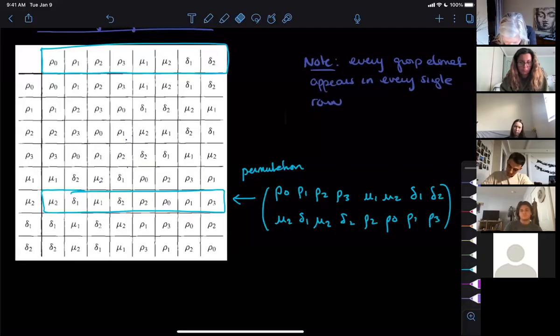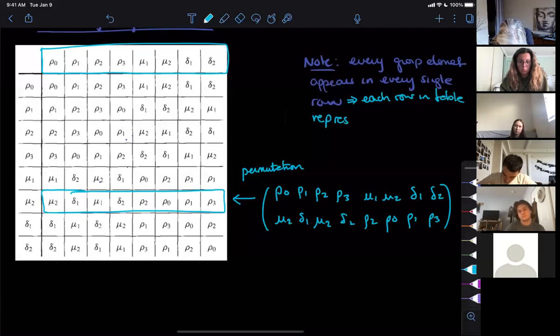That's the permutation represented by that row. So each row in the table represents a permutation of the group.